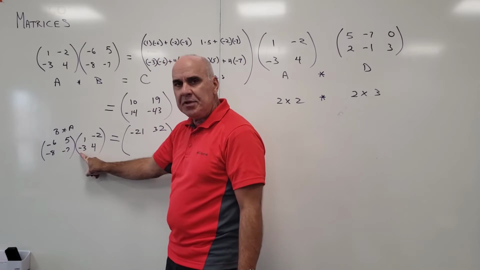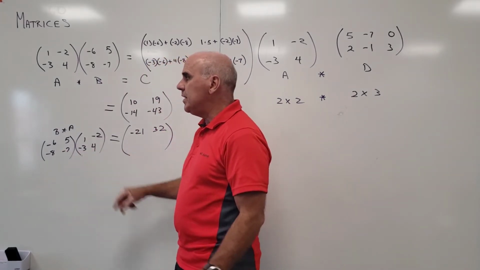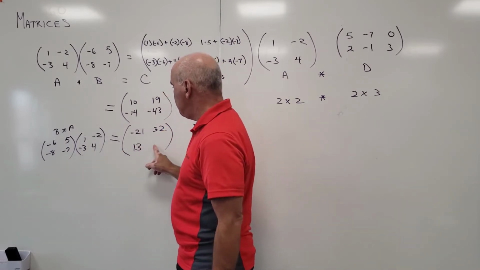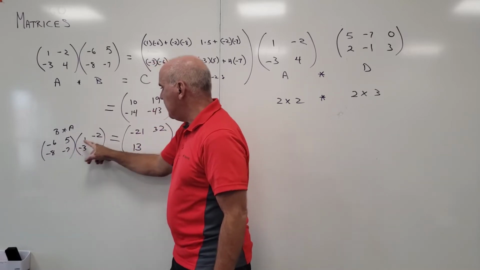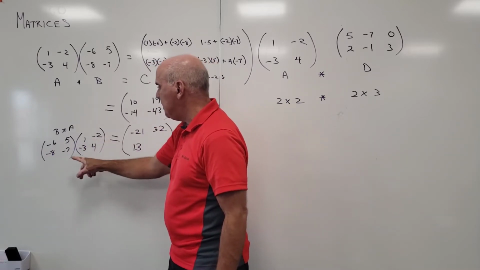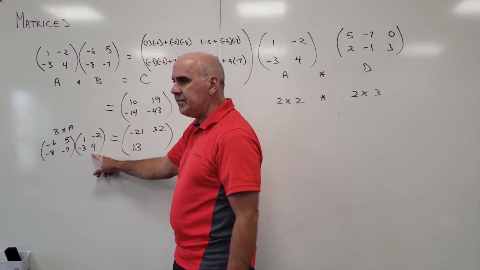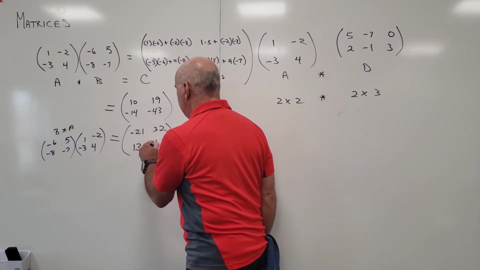Negative 7 and negative 3 is positive 21. Negative 8 plus 21 is positive 13. And then row 2, column 2. Negative 8, negative 2, that's positive 16. And then negative 7, positive 4 is negative 28. And so that's going to be negative 12.